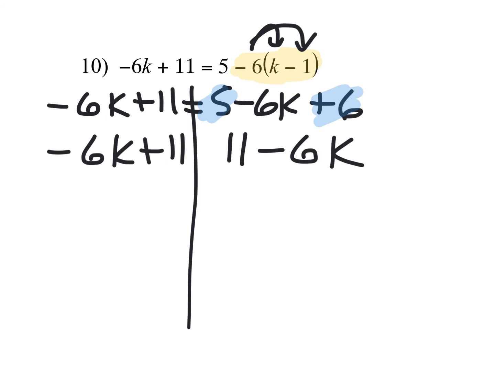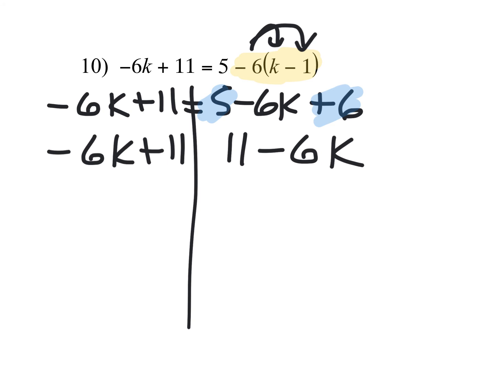How do you know it's an infinite number of solutions? Yes, exactly. So now it's in a different order, but it's still the same thing. -6k, -6k. +11, +11.